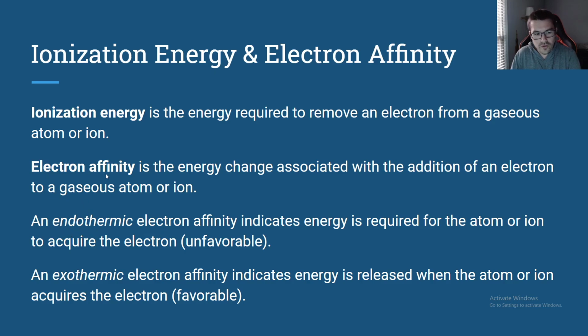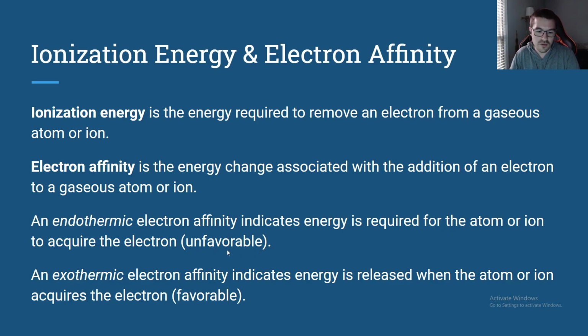So when we talk about electron affinity, it's the energy change associated with the addition of an electron. If an electron affinity is endothermic, that indicates that energy is required. You have to put energy into the system in order for that atom to acquire the electron. It's not going to do it on its own.